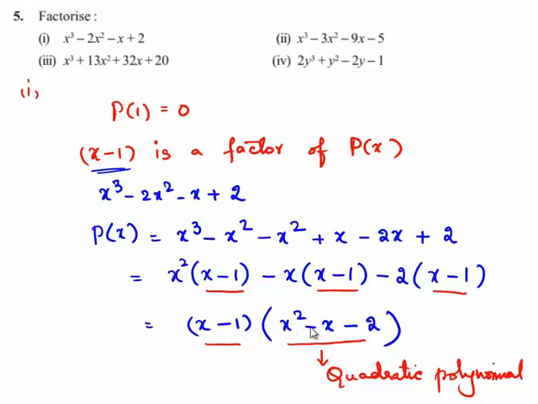So we have already known how to find the factors for a quadratic polynomial. So let us write down the factors for this polynomial x square minus x minus 2.